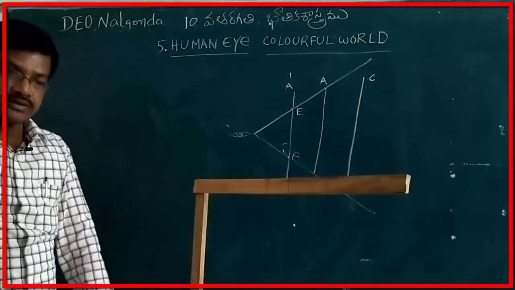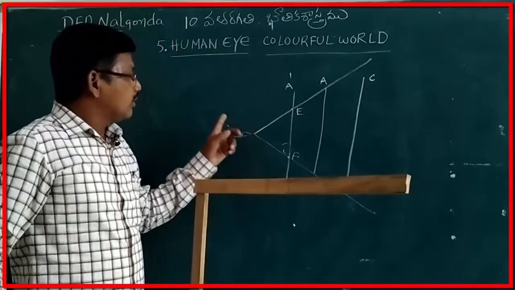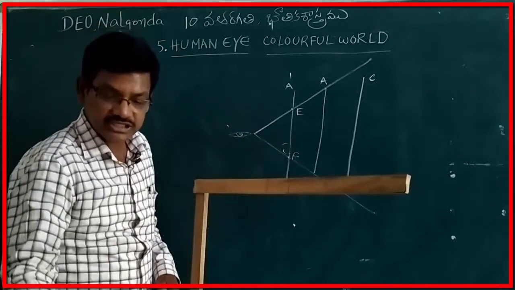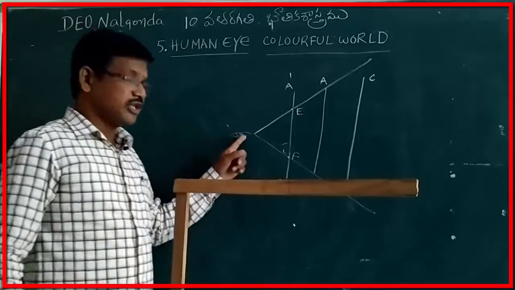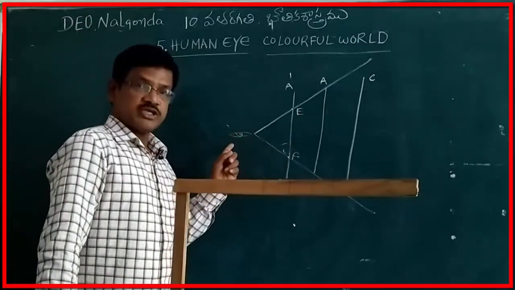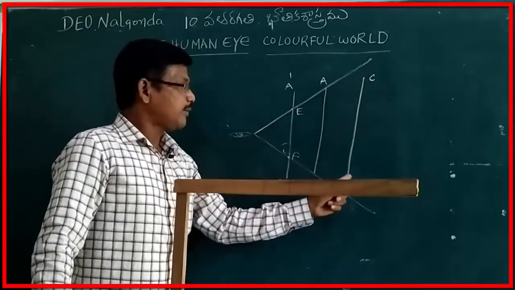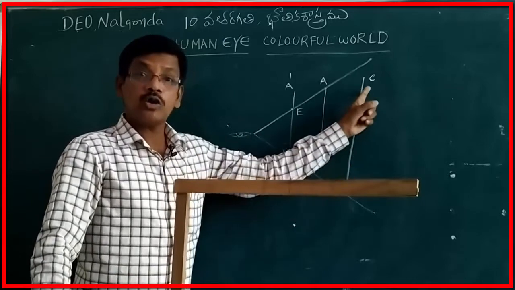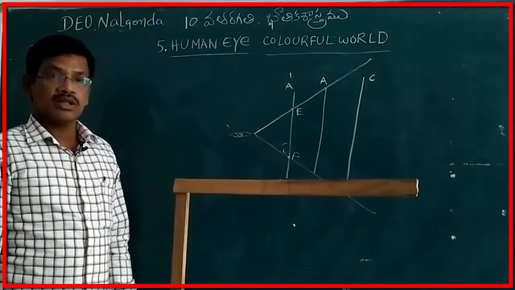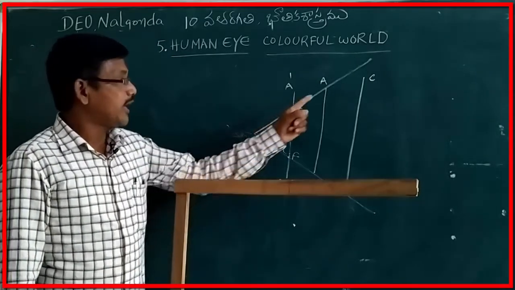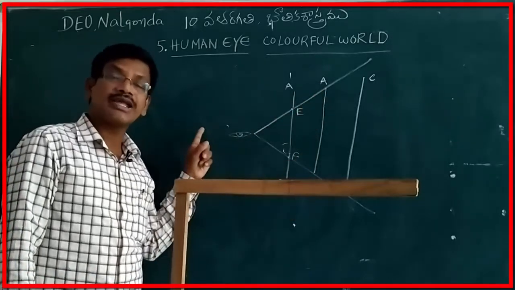Now, from the experiment, I have taken the diagram and now I explain the results that are observed in the activity. See, while seeing the object from this location, you can see endpoints C and D of the object CD very clearly. Also, endpoints A and B of the object AB also clearly.